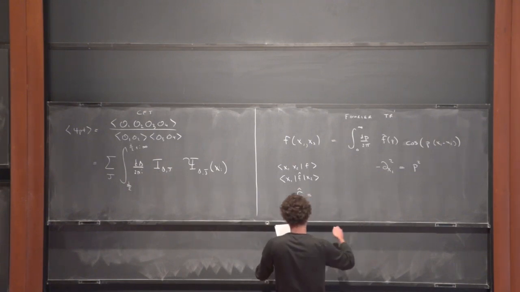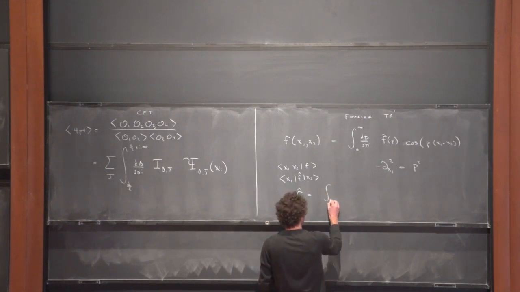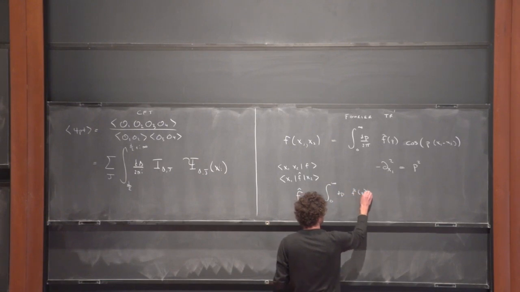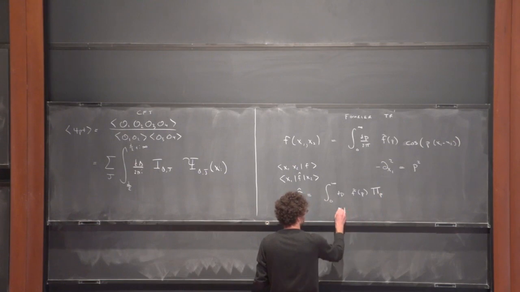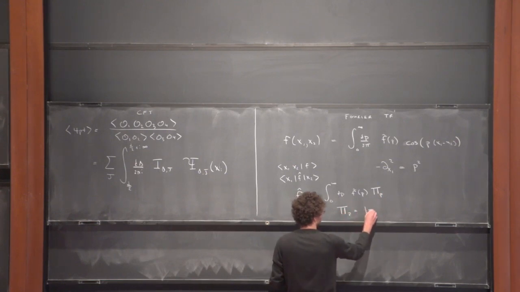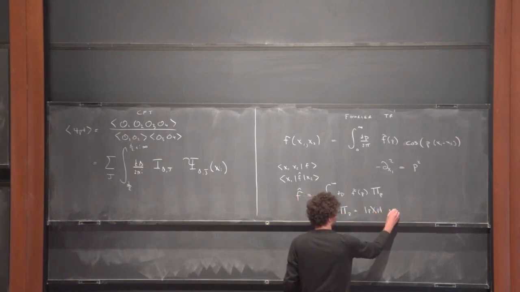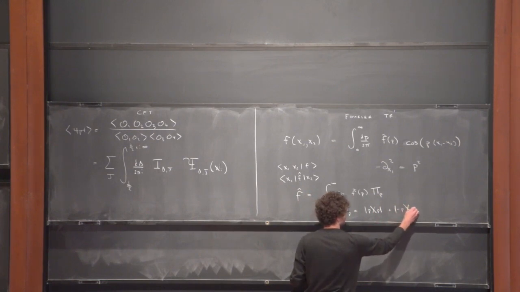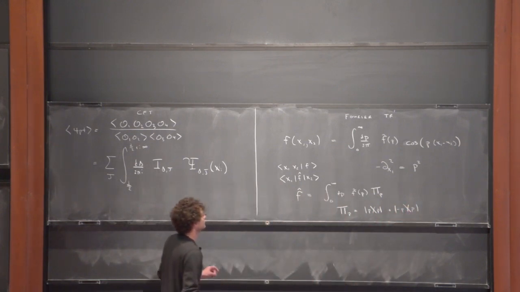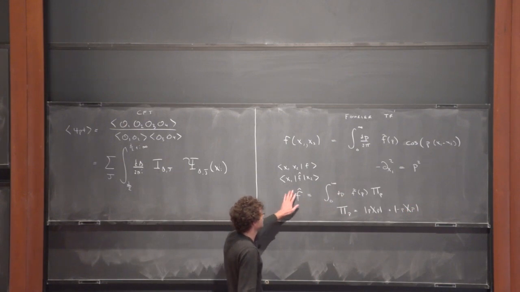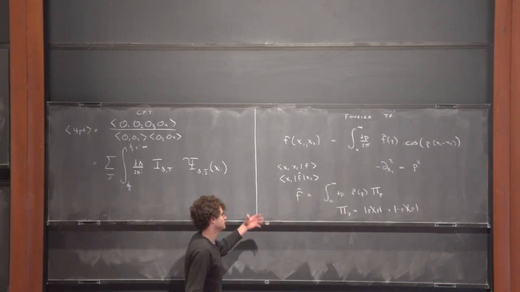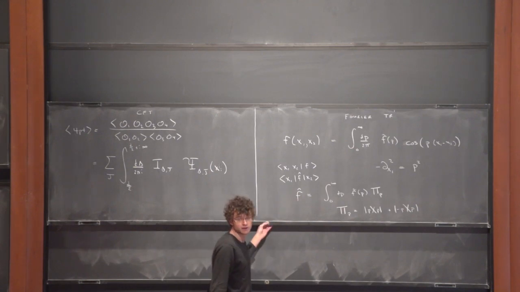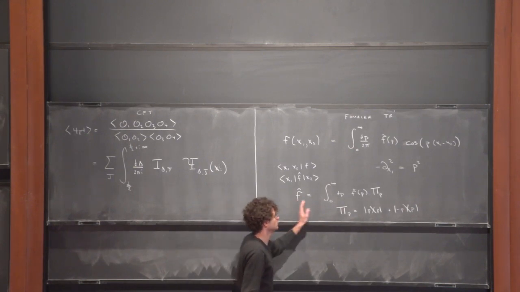This formula corresponds to a formula for this operator, which is an integral 0 to infinity dp f tilde of p times a projector. Okay, so if we think about f as an operator, then the formula that we've written there is basically a way of diagonalizing this function f, expressing it in terms of a sum over these projectors.